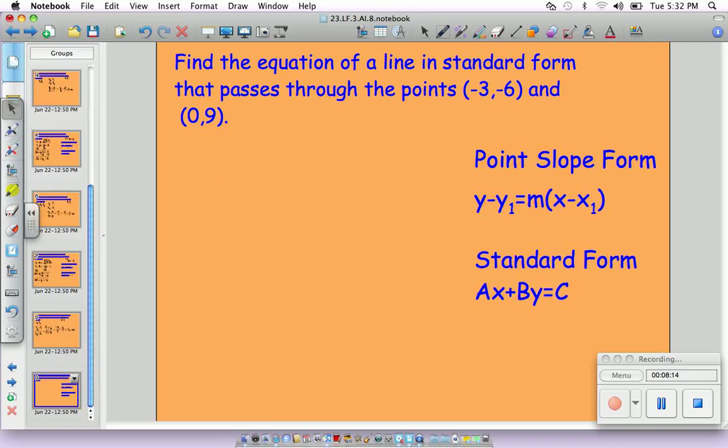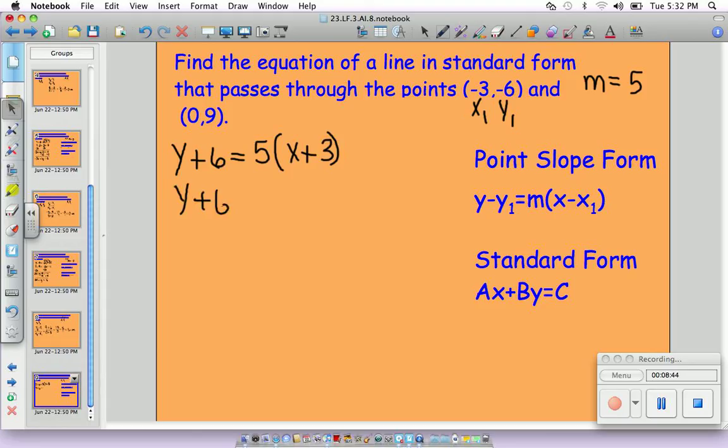Now after finding the slope, I'll use point slope form. Remember that m is 5 and that I need x sub 1 and y sub 1 only. So my equation for point slope, y minus negative 6, so that's going to be y plus 6, is equal to m times x minus negative 3, which is going to be plus 3. So y plus 6 is equal to 5x plus 15.